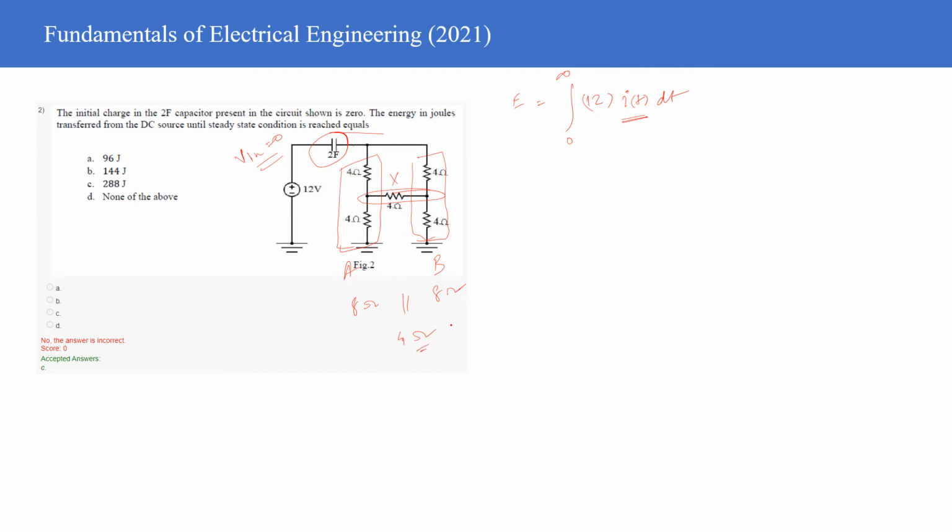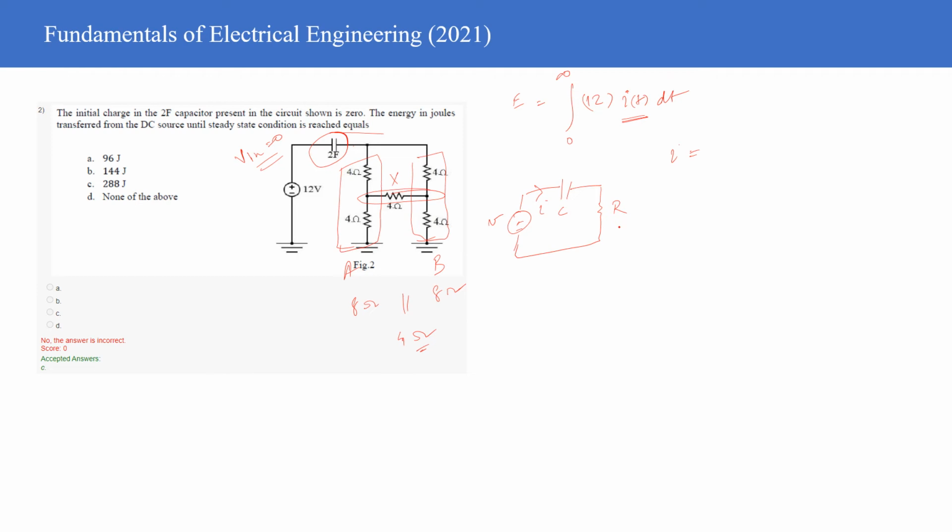Now, you have a capacitance and you have a resistance. What is the current flow? What is the initial current going to be?